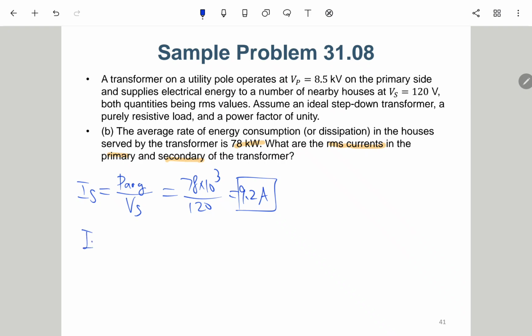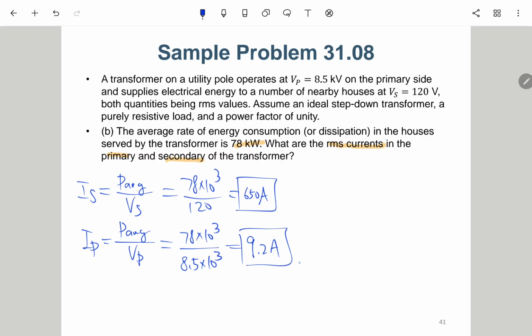Okay, and then IP will be P average divided by VP, which is 78 times 10 to the third power over 8.5 times 10 to the third power. So this is 9.28.